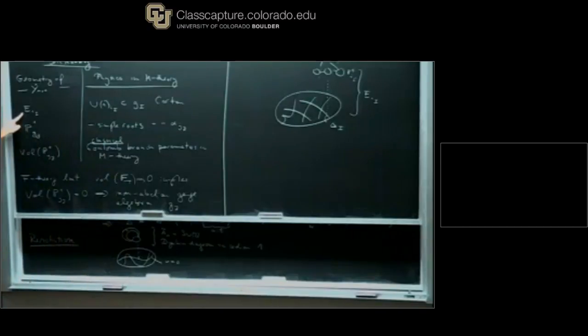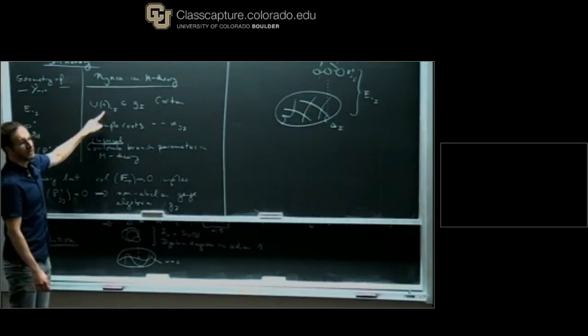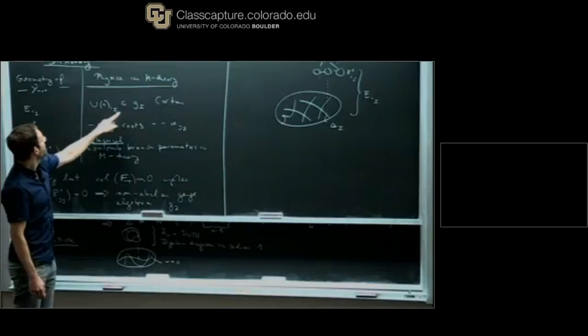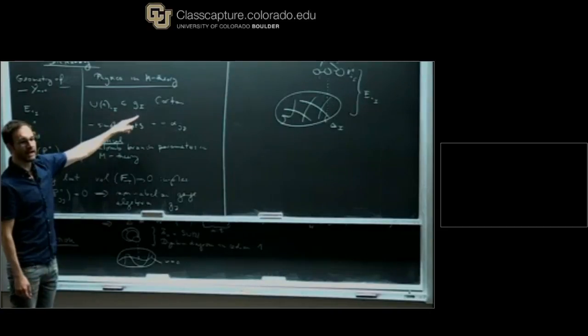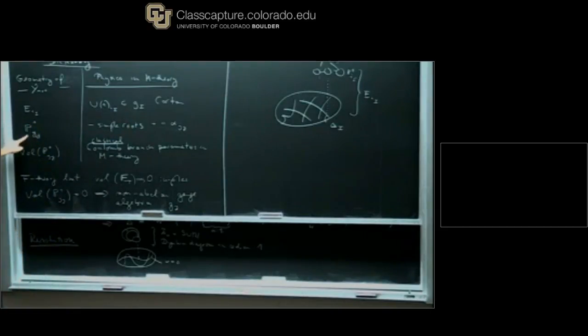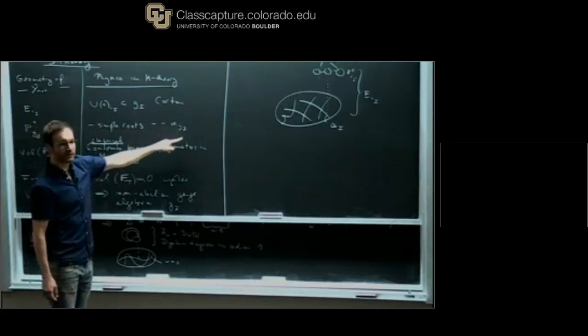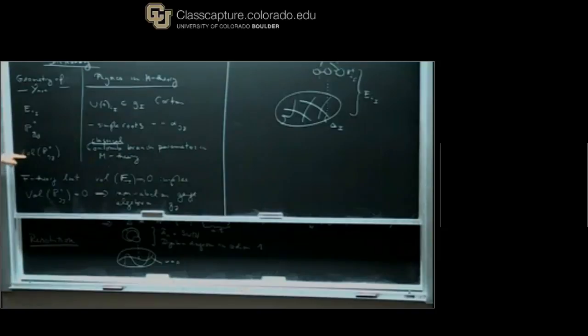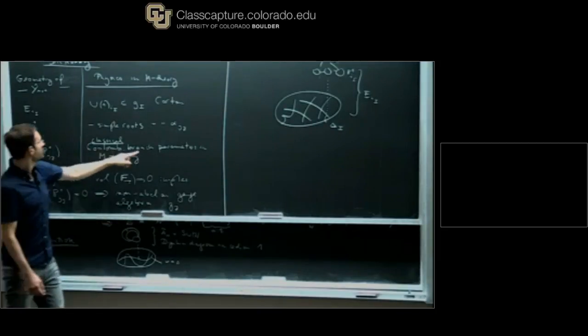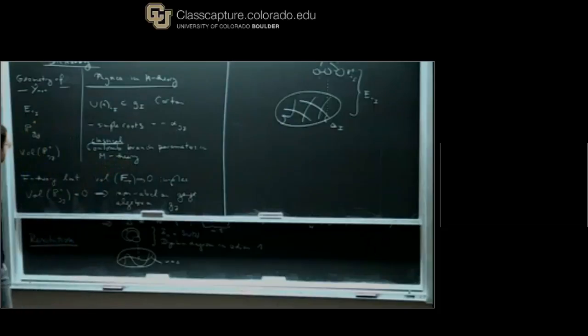The divisors are in one-to-one correspondence with the Cartan U1 generators of the Lie algebra. The resolution curves themselves are in one-to-one correspondence with the simple roots of the algebra.